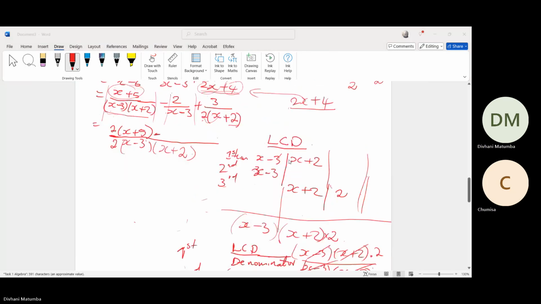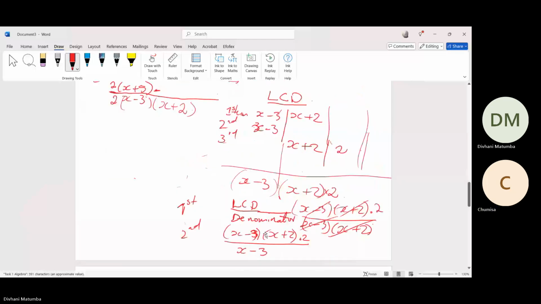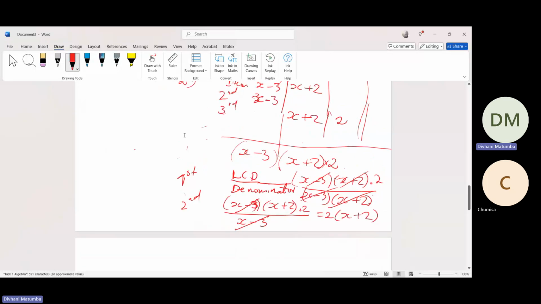You agree? This is the denominator. Yes, sir. Okay, so you're going to be left with x plus 2 times 2. So that's what you're going to multiply your second term with.